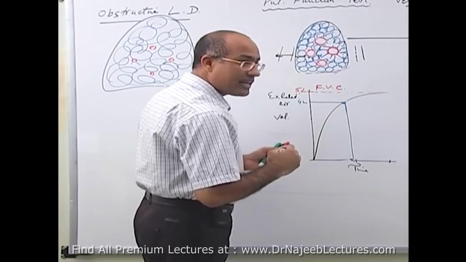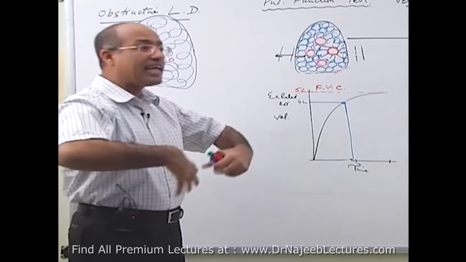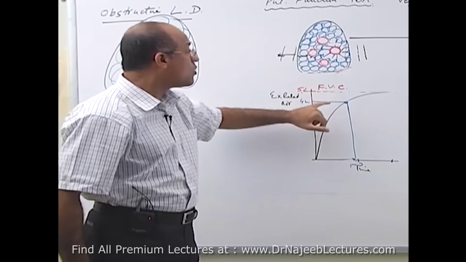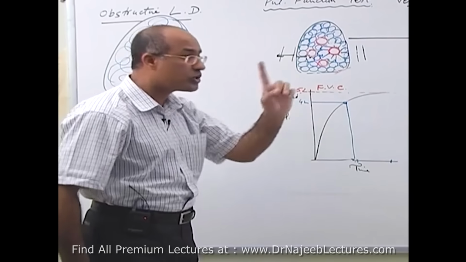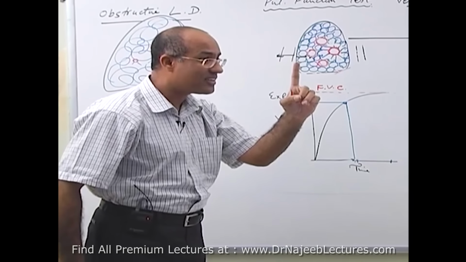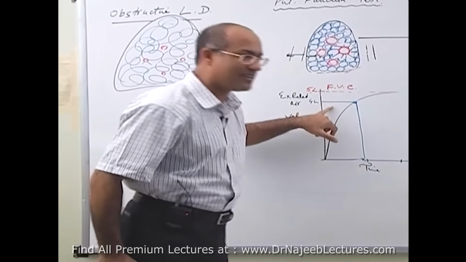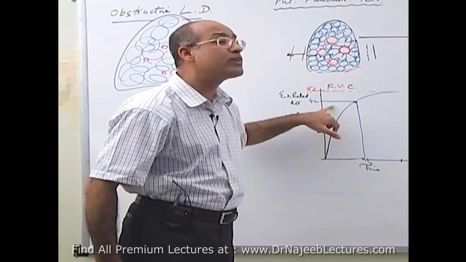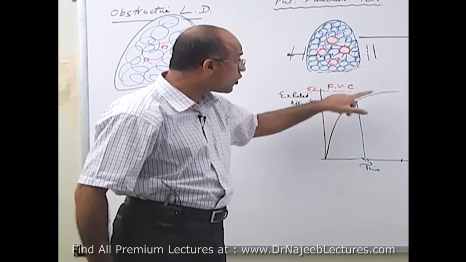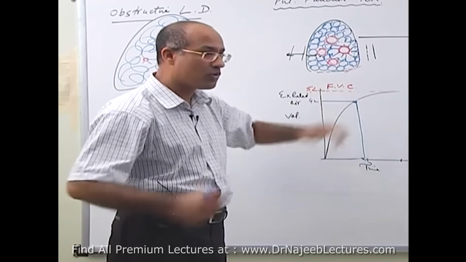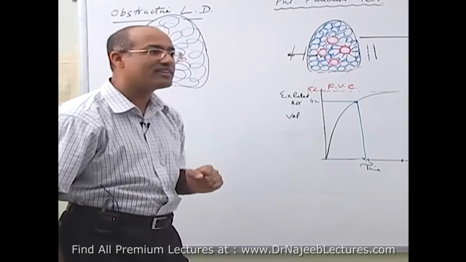Is that right? It means the total air which was blown out was 5 liter and out of that 5 liter, 4 liter was blown out during the first second. Of course, it means about 80% or 75% of the total forced vital capacity was blown out during the first second, right?